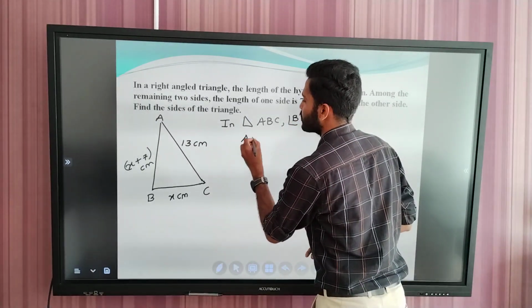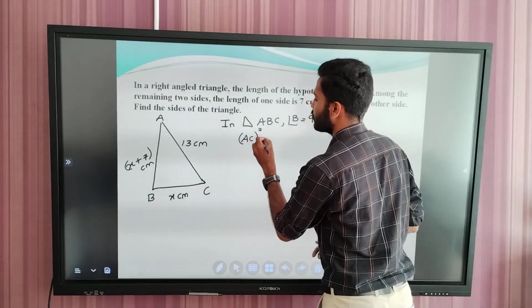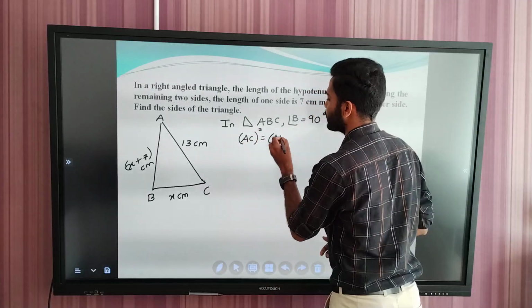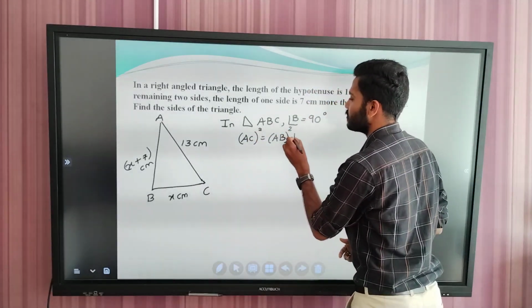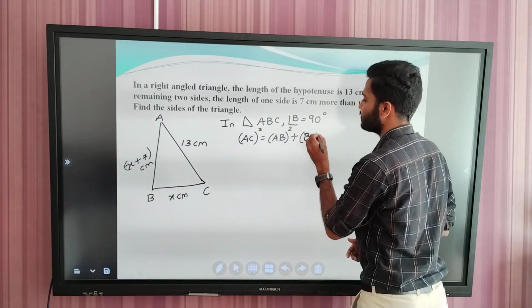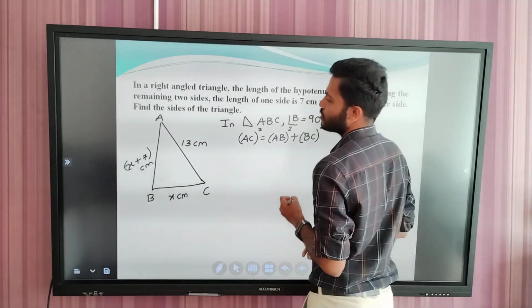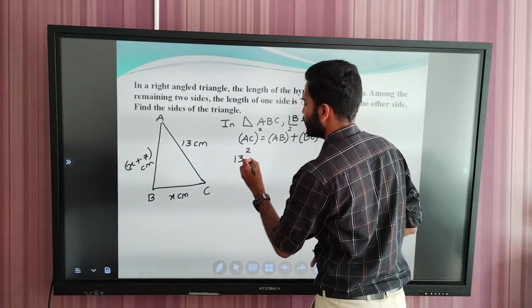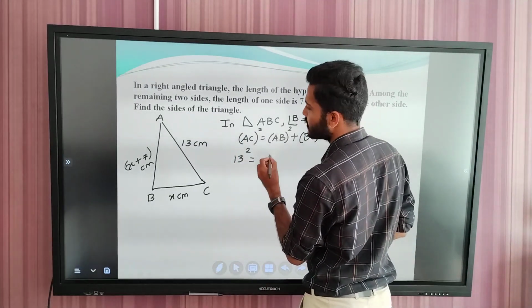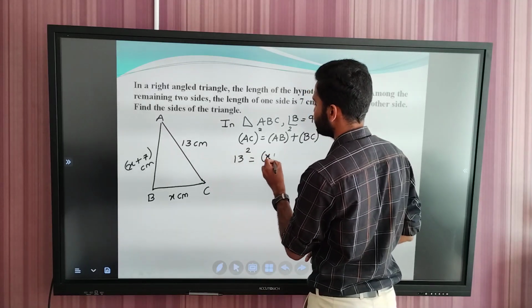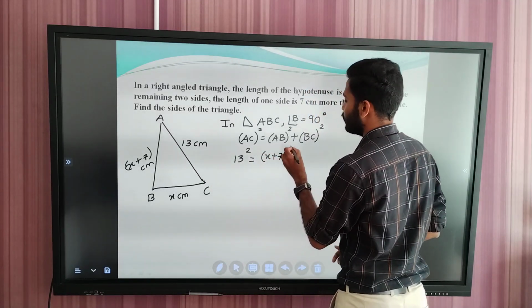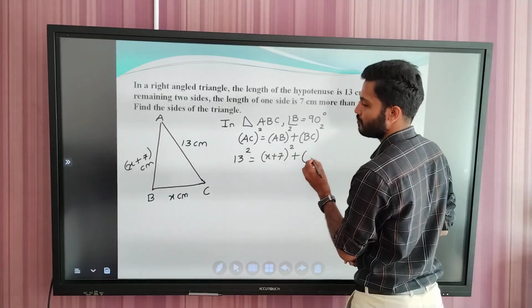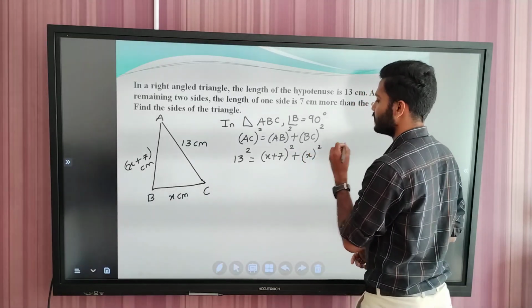So AC the whole square is equal to AB the whole square plus BC the whole square. So what is AC? AC is 13. So 13 square is equal to AB value, x plus 7, whole square, plus BC value, x, the whole square.